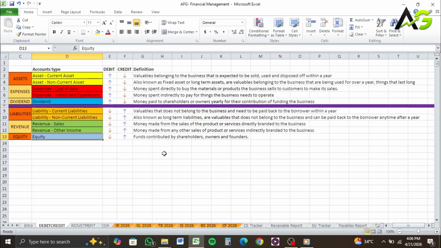The money that they all contributed to start the business is equity. This is not a loan from a bank. Like I said, money from banks, loans, those are lenders, but they are not owners. The owners are not looking for interest. They don't want interest.